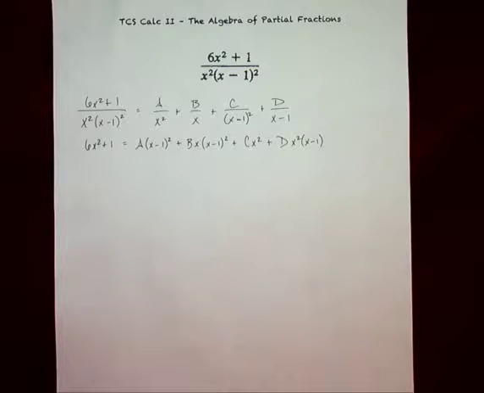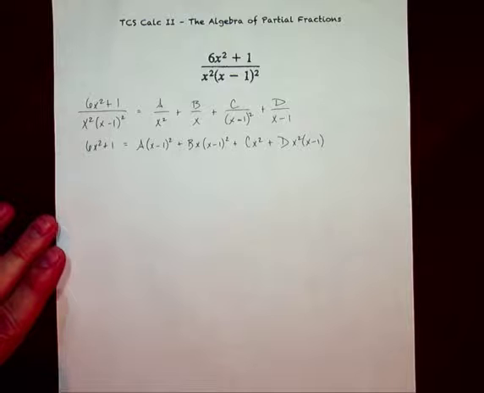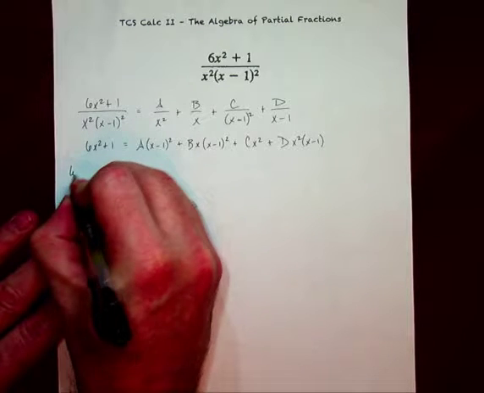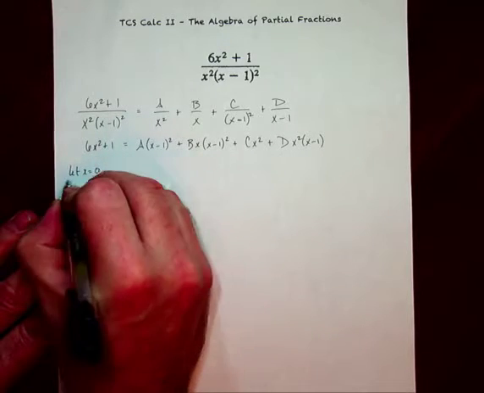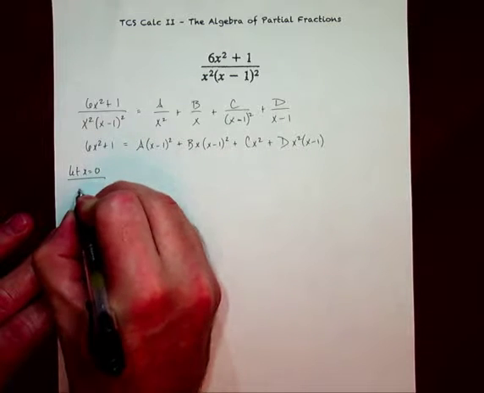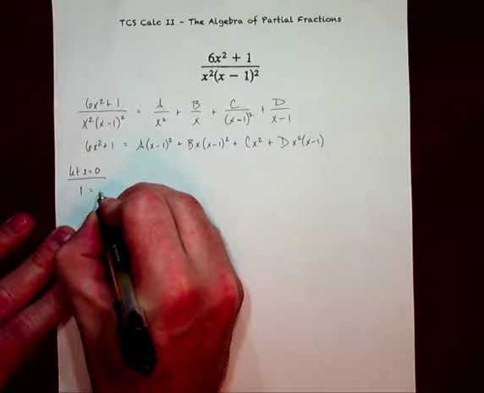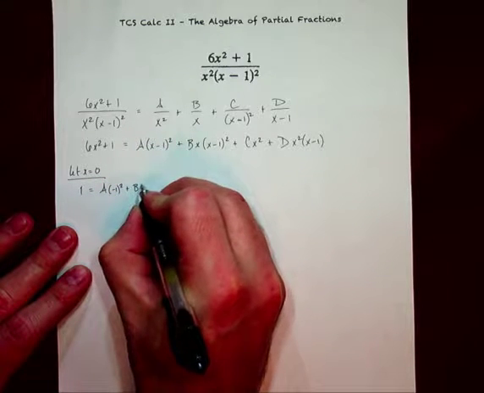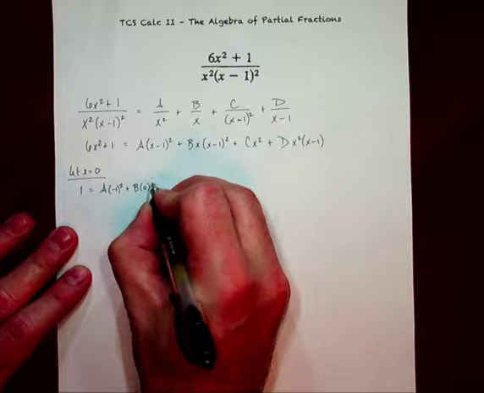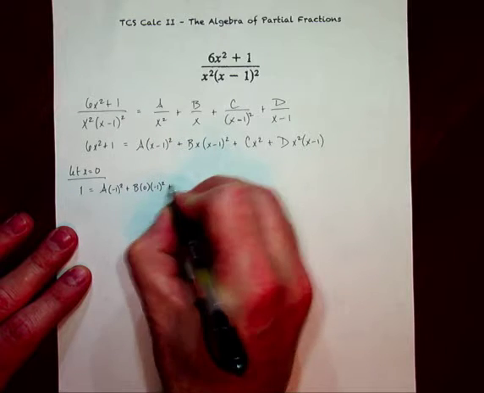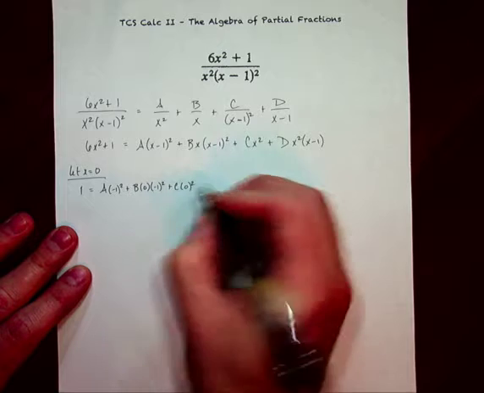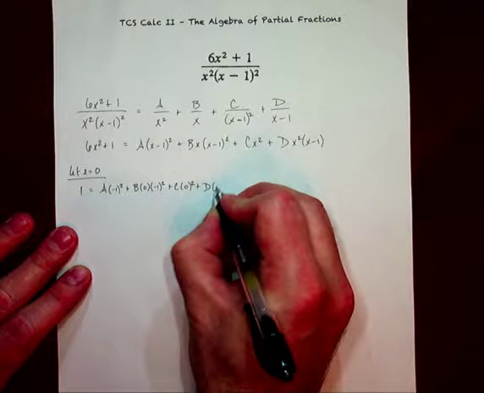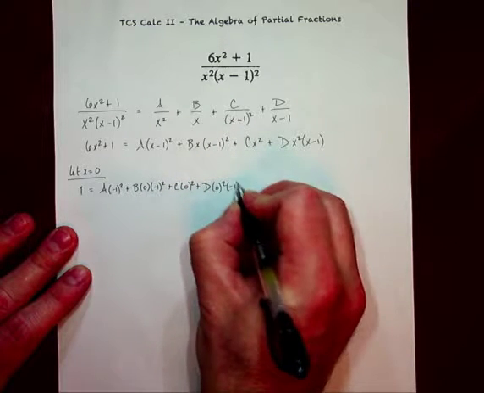Now, I know that means if I only have two convenient values, I'm only going to be able to find two of these up here. So let's find those. Let x equal 0. If x is equal to 0, we get 1, and that's a times negative 1 squared plus b times 0 times negative 1 squared, plus c times 0 squared, plus d times 0 squared times negative 1.